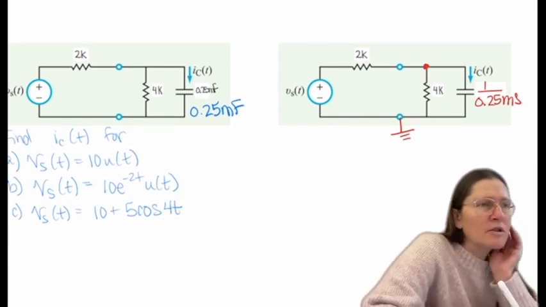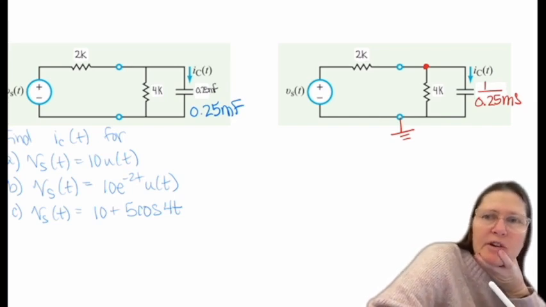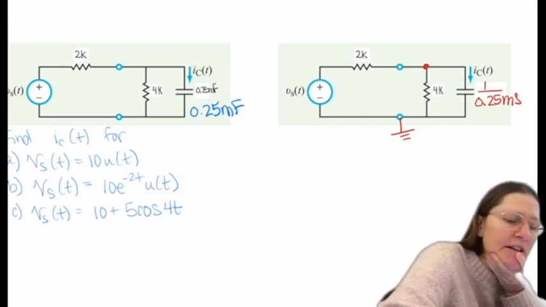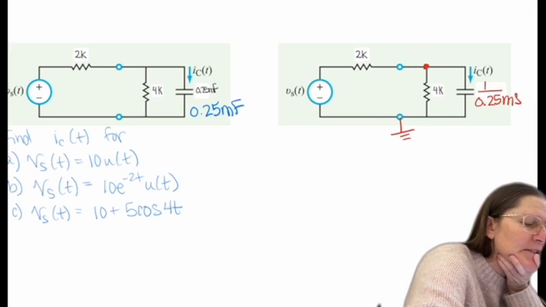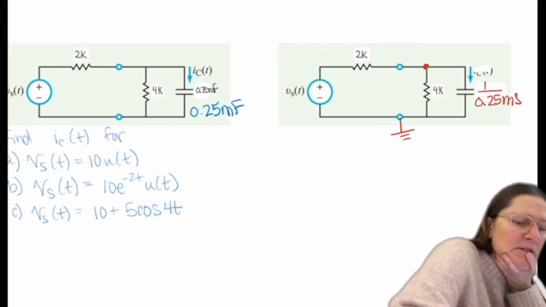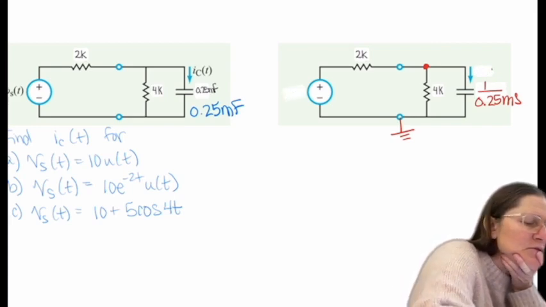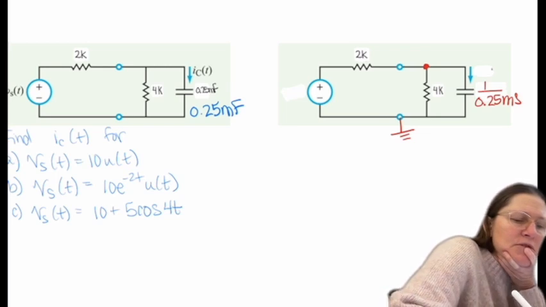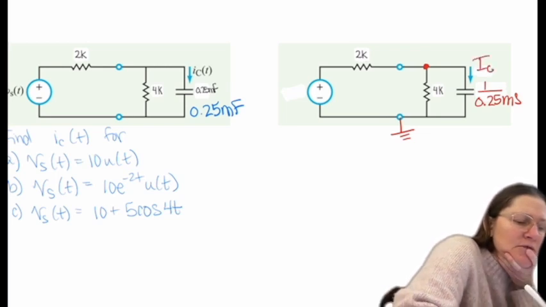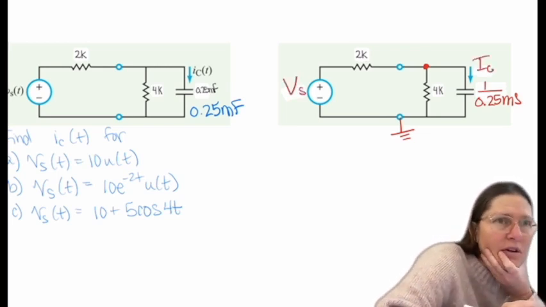So what will be your equation to solve for IC of t here, or IC of s, I should say? When we did Laplace transforms, we transformed with time-dependent components.